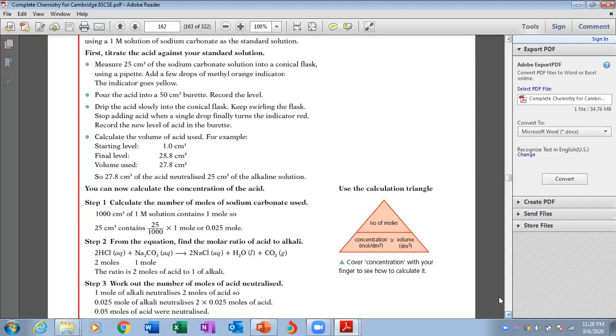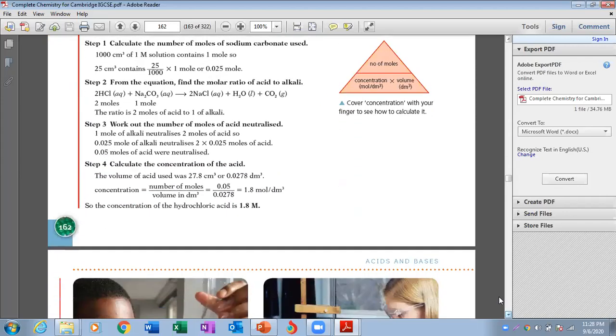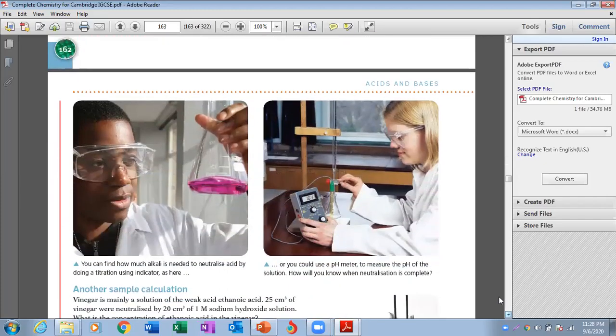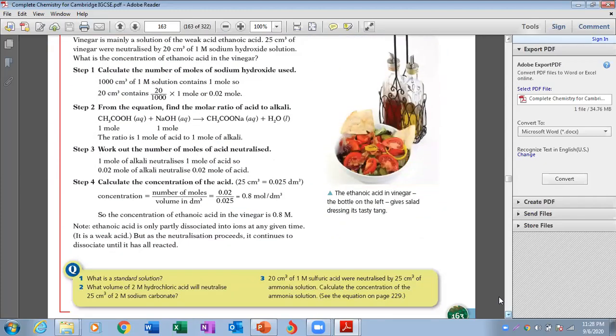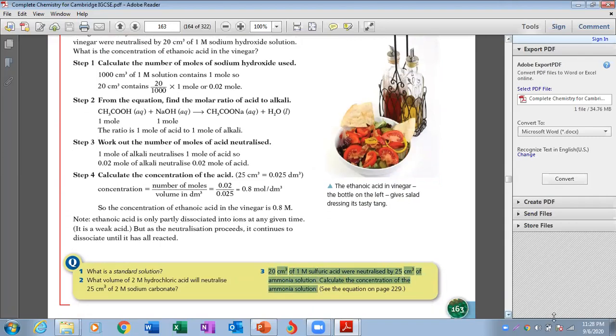Okay, now I'm moving towards an example here. The 20 cubic centimeter of 1 molar sulfuric acid were neutralized by 25 cubic centimeter of ammonia solution.